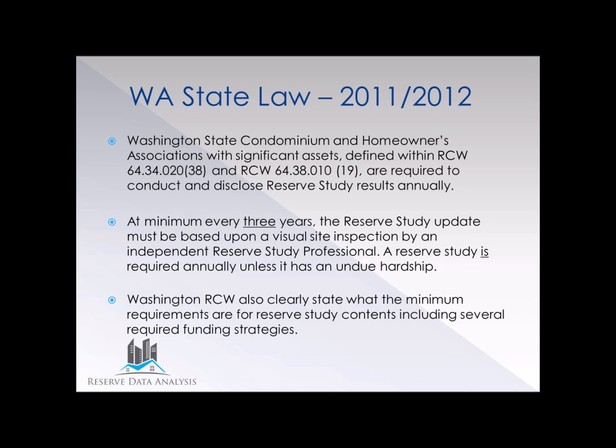In Washington state, communities are required to have a reserve study done every year, annually. Every 3 years, they require an on-site visual inspection done by an independent reserve study professional. And a reserve study is required annually unless there's an undue hardship.